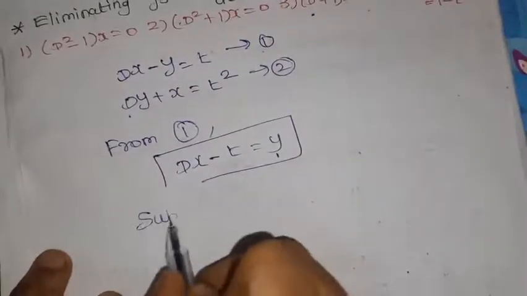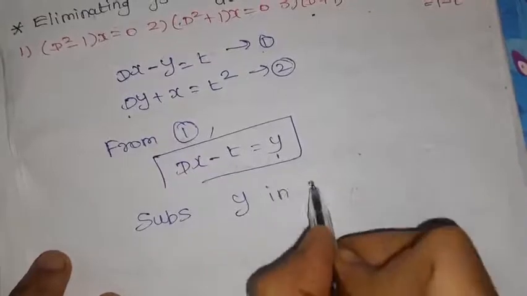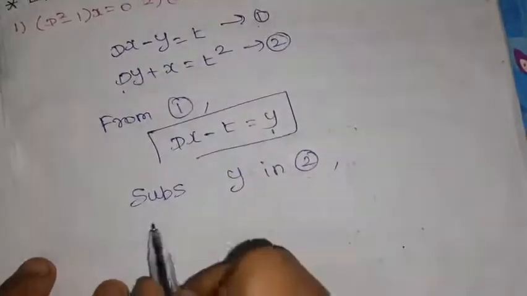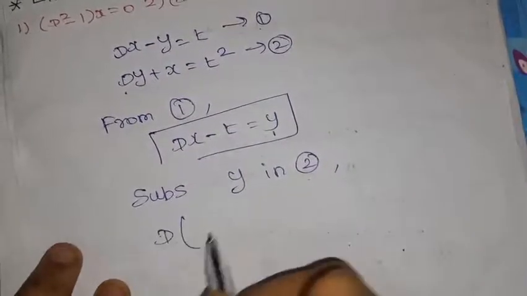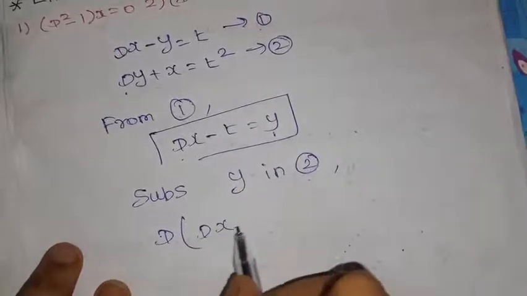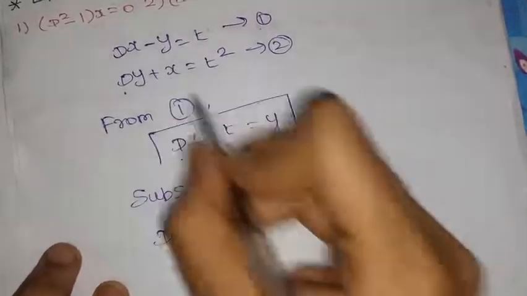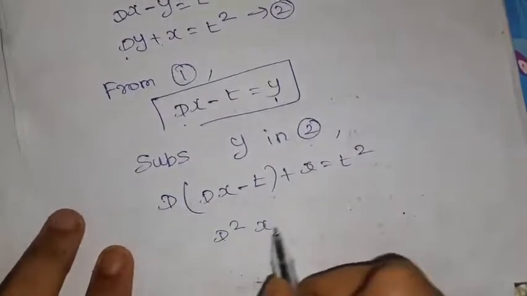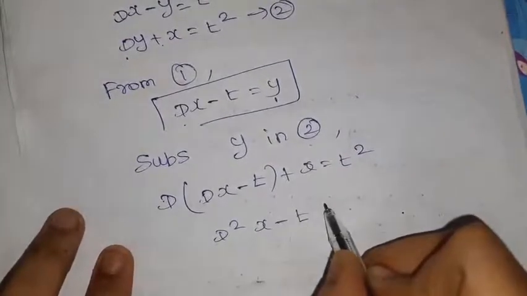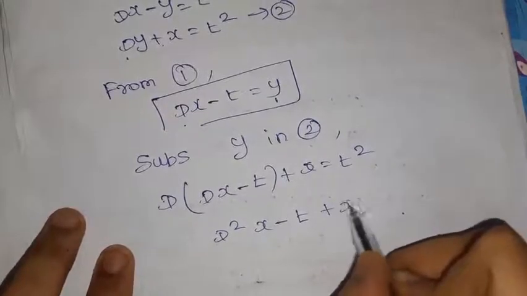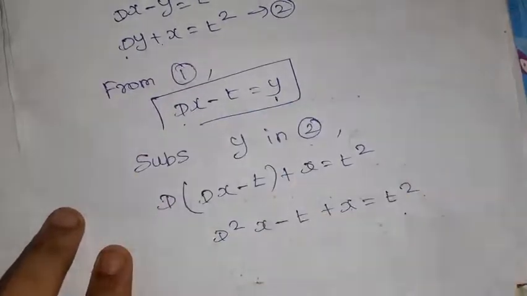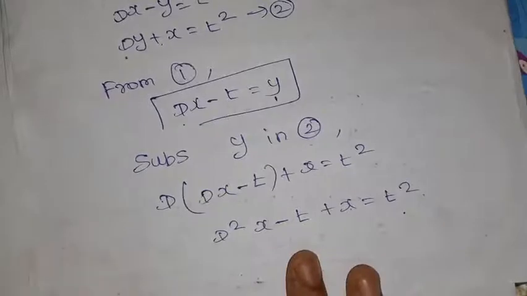Substitute y in equation 2. So what will we get? Differentiation: D into (Dx minus t) plus x equal to t squared. So D squared x minus 1 plus x equal to t squared. So we will rearrange that.